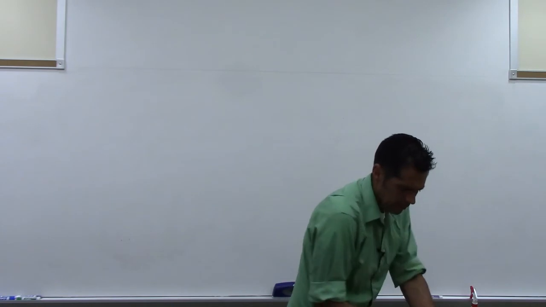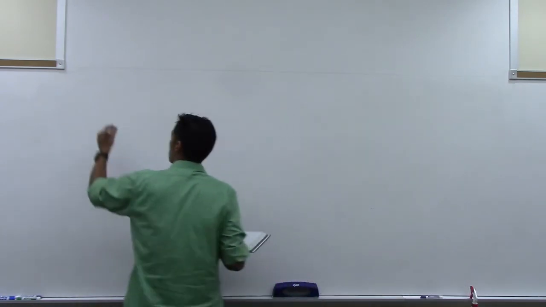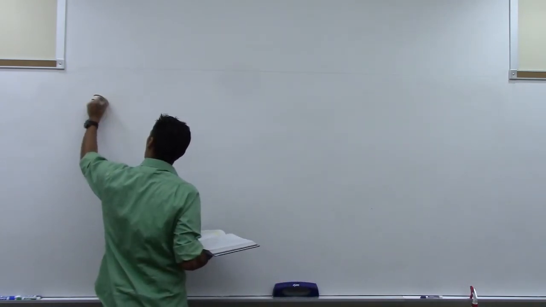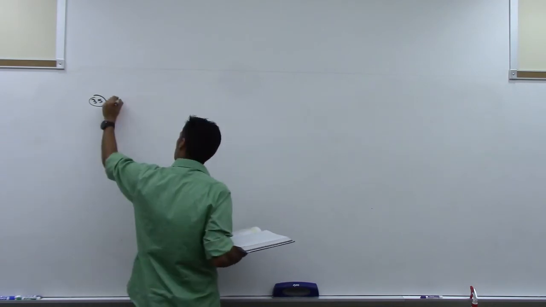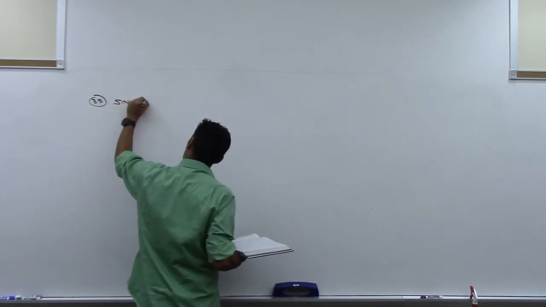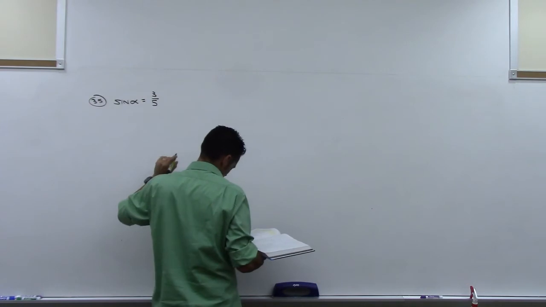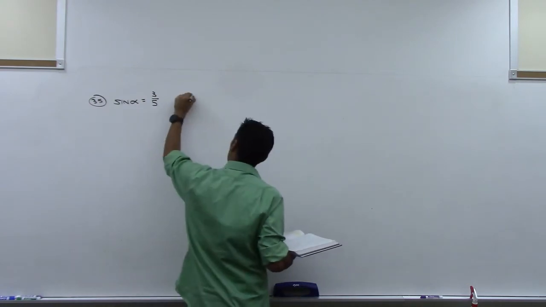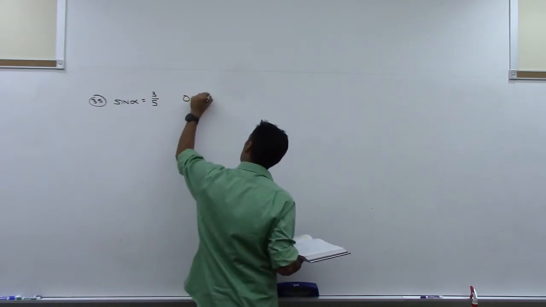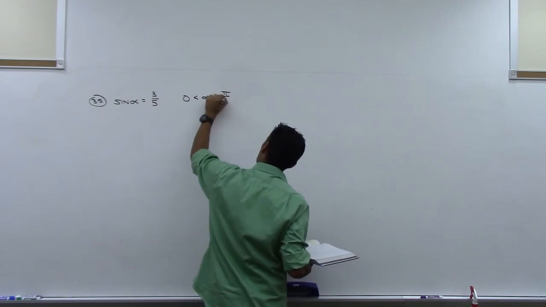35 now. So for 35, we have given information that sine of alpha is 3/5. And they tell us that alpha is between 0 and pi over 2.